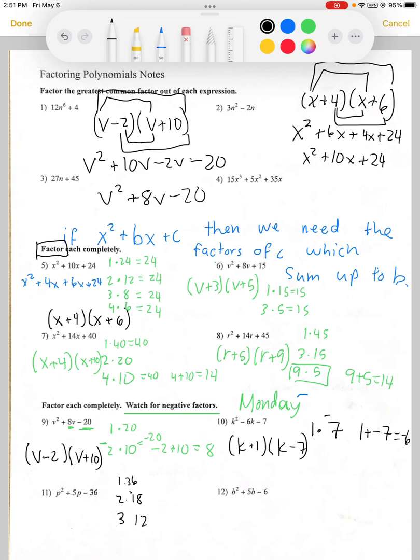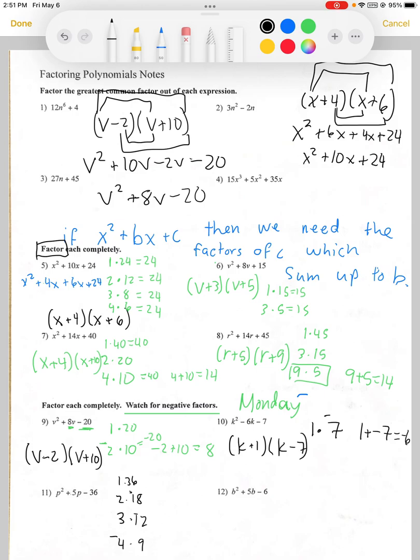We have 3 and 12. Multiply those together, you'd get 36. Negative 3 plus 12 would be 9. 3 times negative 12 would be negative 9, so that's not going to work. Let's try 4 and 9. I think we might be onto something here. 4 times 9 is 36.